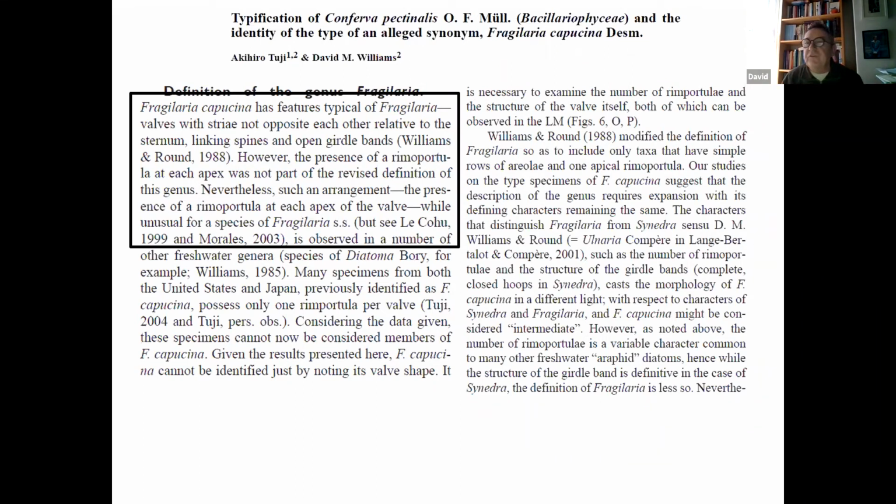Has typical features of Fragilaria. What does that mean? No idea what that means. And then we go on to say what we think typical features are, and we avoid defining that genus, largely because, frankly, we can't. So we've said, well, it has striae not opposite each other relative to the sternum, linking spines, open girdle bands, all those things that we still talk about, but we don't tell you what it is.